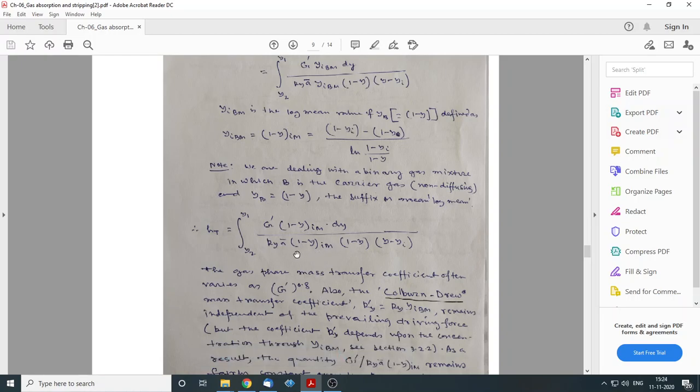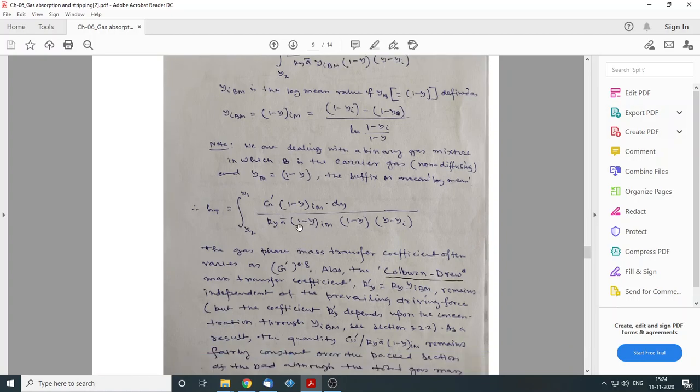Now here one interesting thing: it has been observed that the term G dash over ky a bar times (1 minus y)iM is generally fairly constant. Why? Generally the mass transfer coefficient varies with G dash. If G dash increases, the mass transfer coefficient will increase, which means (1 minus y)iM will also increase.